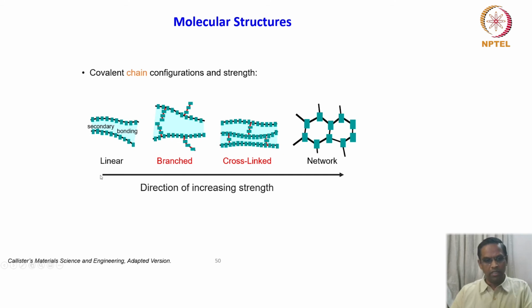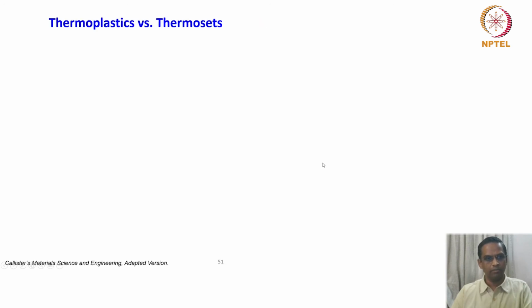Interestingly, you can see the direction of increasing strength in polymeric materials like this. So from linear to network, the strength increases. Okay. So how do we understand this in a simple tensile test? Before even looking at that, we need to look a little more at some properties of these polymers.